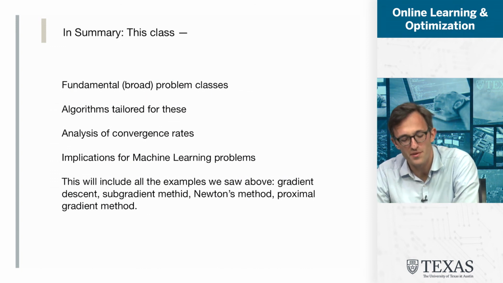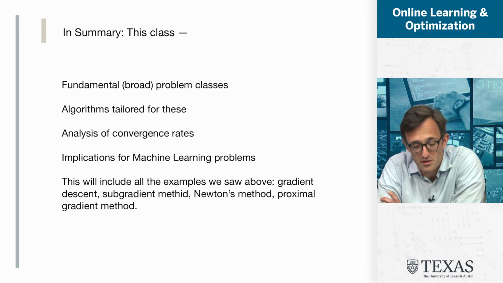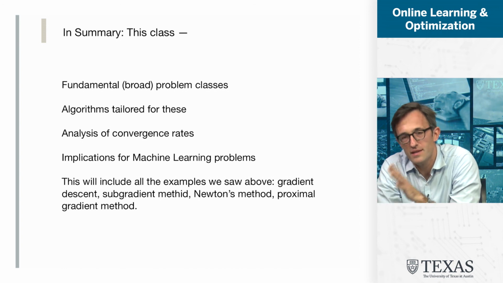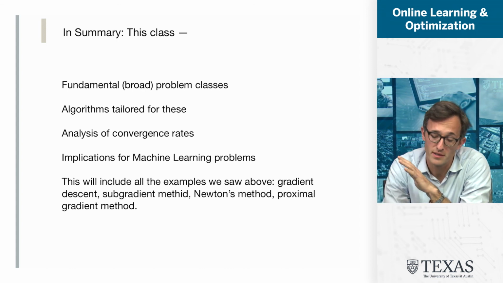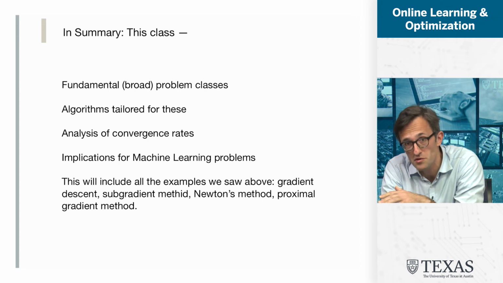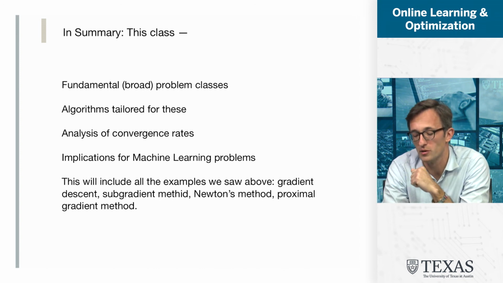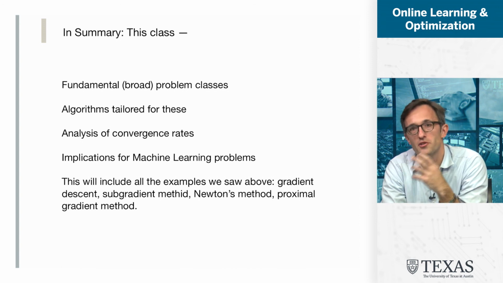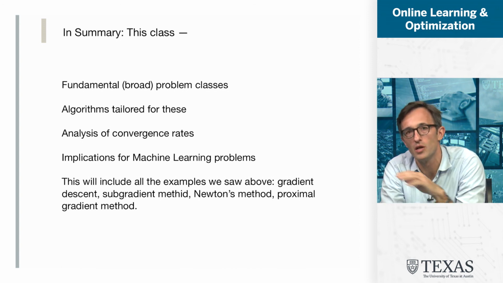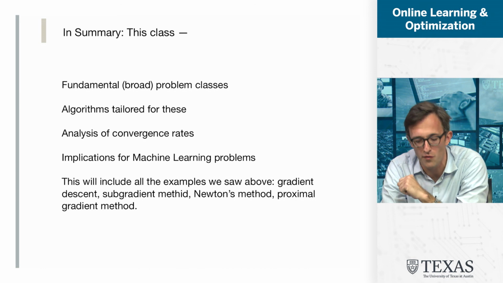So just to wrap up this particular session, this class is going to cover exactly these types of algorithms. We're going to look at things like gradient descent and variants of gradient descent. We're going to look at Newton's method and variants of Newton's method, approximations to Newton's method. We're going to look at the subgradient method and proximal gradient and understand exactly the answer to all of the questions that we've put down so far.